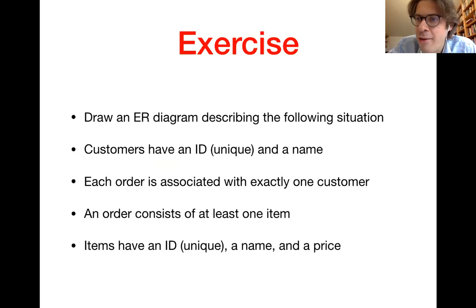Those items also have an ID, which is unique, a name, and a price. I give you a little bit of time to draw one of those entity relationship diagrams for this situation. Just take a sheet of paper perhaps and try to model that.